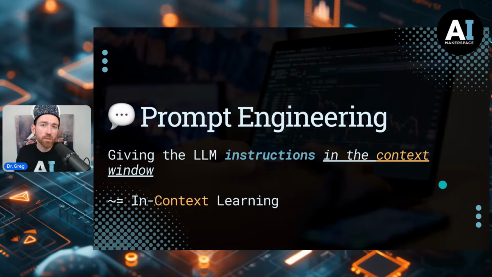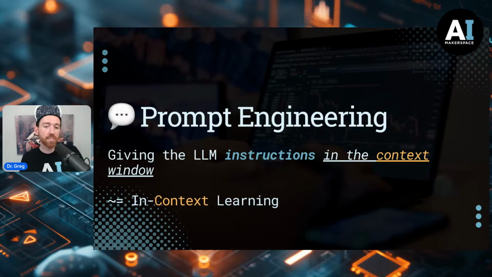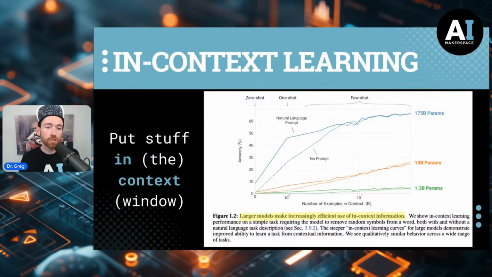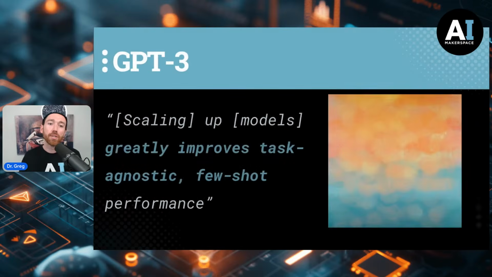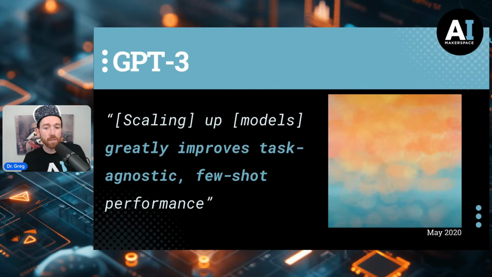That is, it's leveraging in-context learning, which of course is an idea put forth in the GPT-3 paper, this famous chart showing that with just one example put in context, one-shot learning, and then 2, 3, 4, 5, 6, 32-shot learning for bigger models, we can get very, very good results. This is the GPT-3 learning from the GPT-3 paper in May 2020.